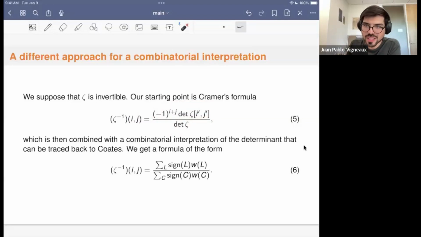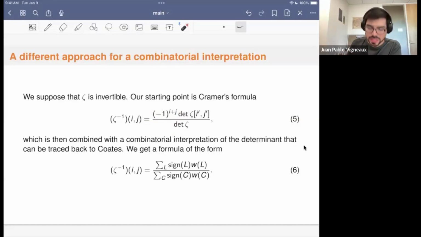This is the determinant of the matrix zeta when you remove the row i and you remove the column j. That's the meaning of the little apostrophe at the end. There is a sign, and then here you quotient by the determinant.